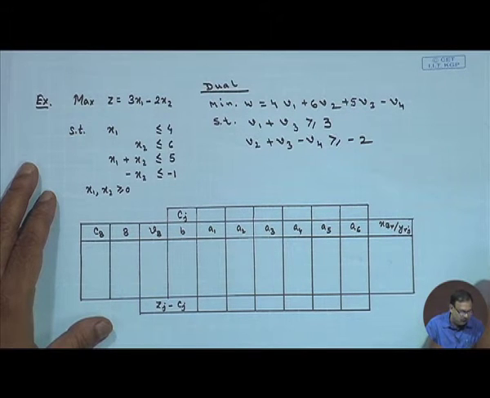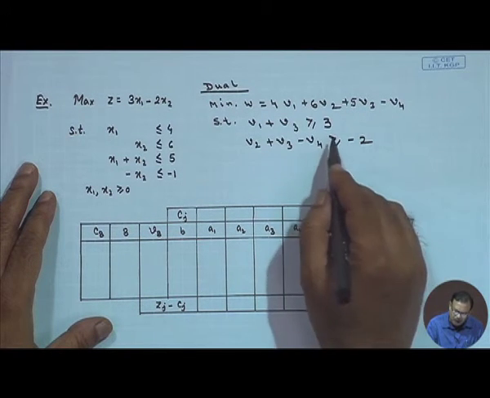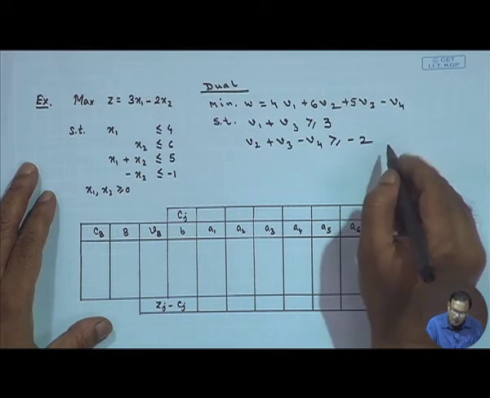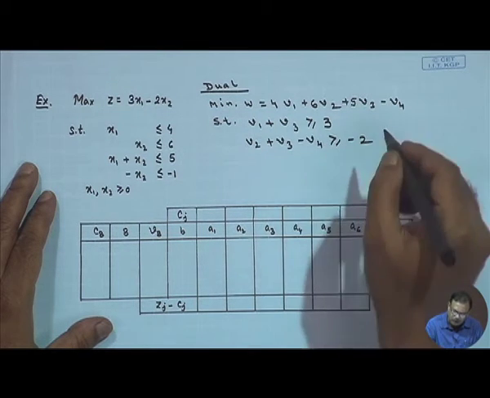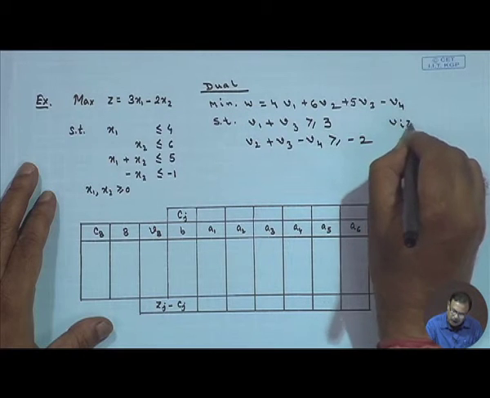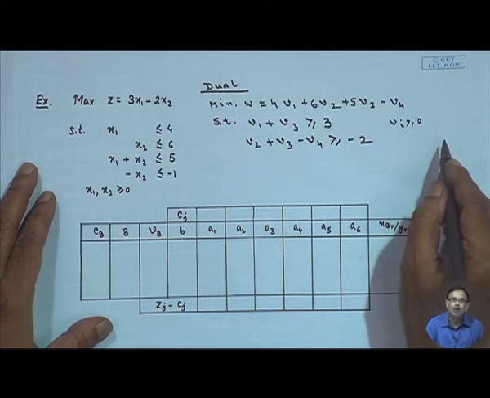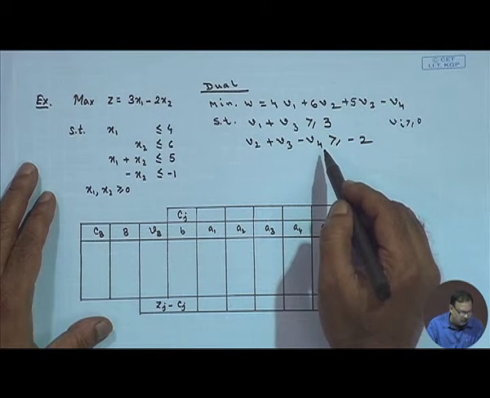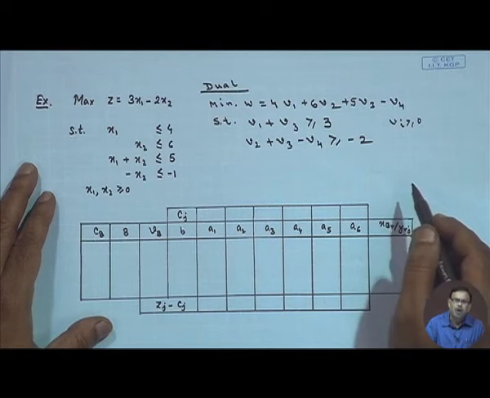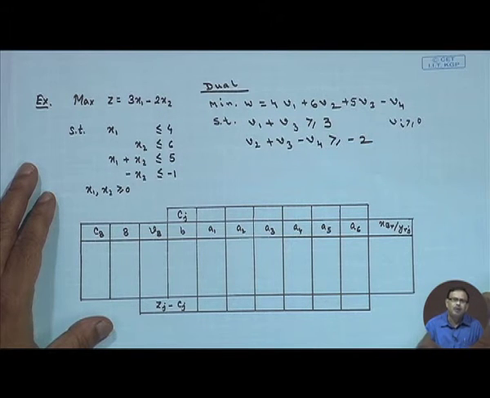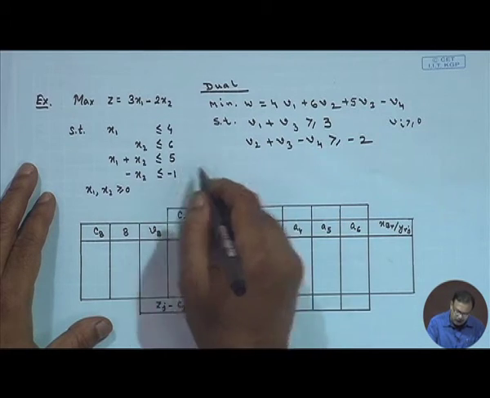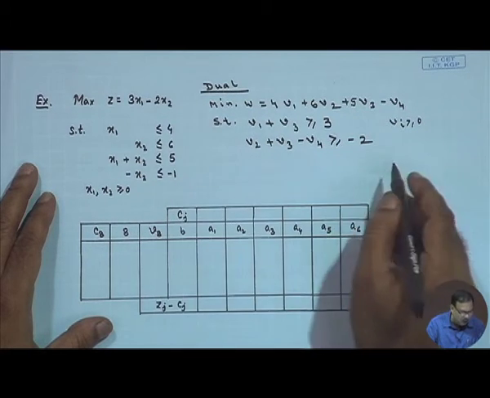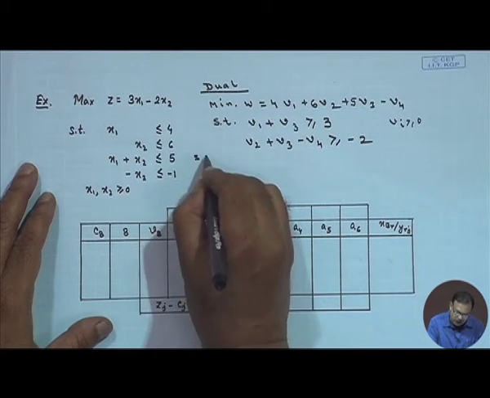And obviously, in standard form, of course, V i is greater than or equal to 0 for i equals 1 to 4. Now, since it is greater than or equal to, I can write it in standard form, because we have solved, if you remember, maximization problems only, with constraints of less than or equal to type. So, directly I am writing this in standard form. So, this is the dual of the original problem.